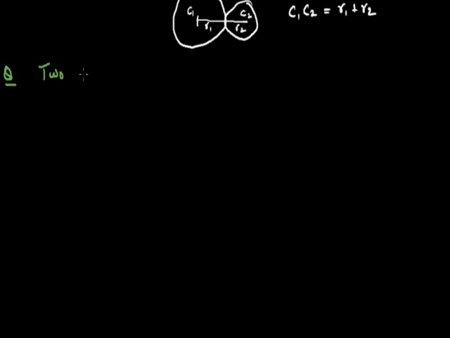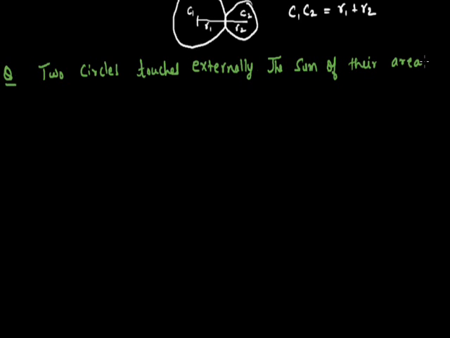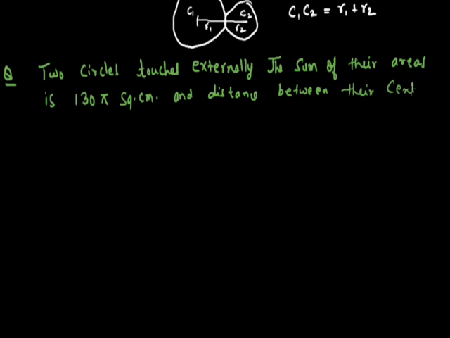Two circles touch externally, the sum of their areas is 130 pi square centimeter, and the distance between their centers is 14 centimeter.